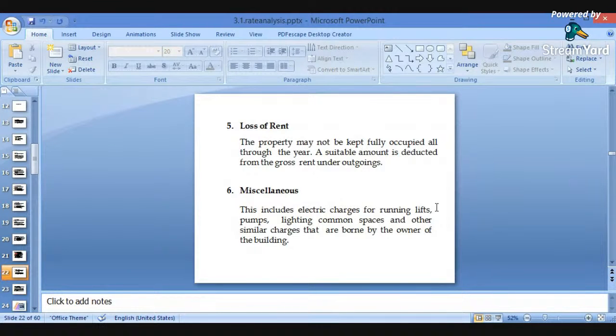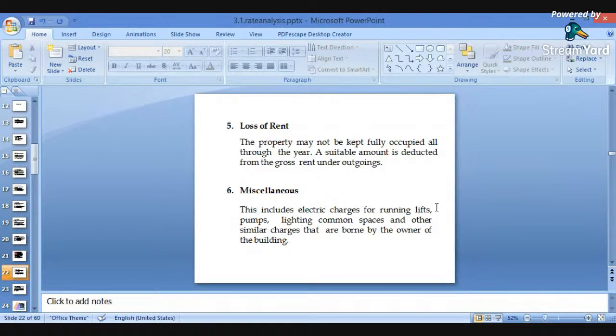Next important is miscellaneous. These include electric charges for running lifts, pumps, lighting common spaces, and other similar charges that are borne by the owner of the buildings. There may be some miscellaneous charges. It has to be taken care of in case of electrifications: electrical charges for running lifts, running pumps, lighting common spaces and other similar charges will be included in the miscellaneous.